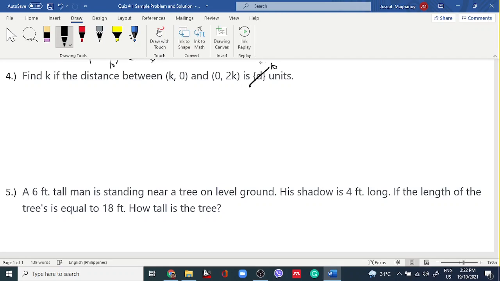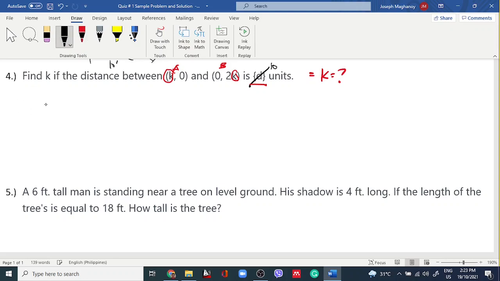Using the distance formula, since D is given, and you have point A and point B, almost everything is given. But you have an unknown value of K. K is what we are looking for. The distance is given, so let's base on the distance.